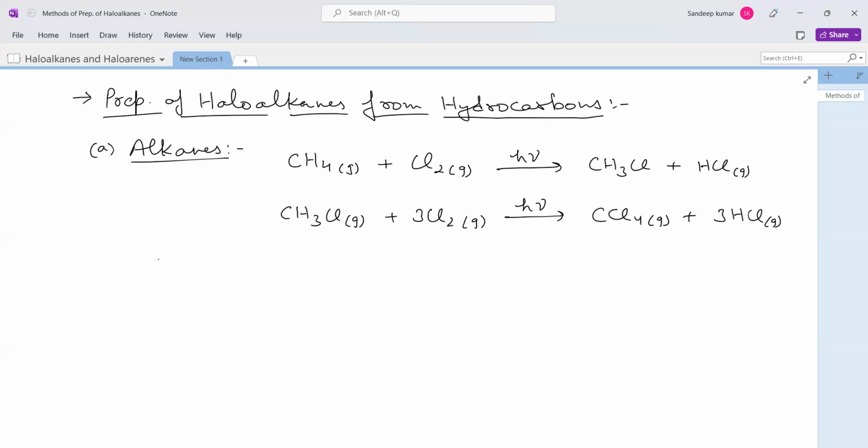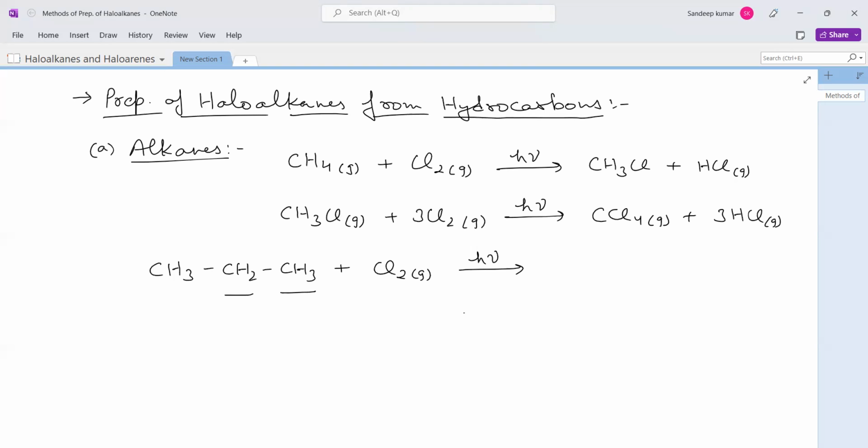Now, suppose we have a hydrocarbon having 3 carbon atoms and we are doing monochlorination to it in the gaseous state in presence of sunlight. Where is this chlorine going to attach? Whether it's going to attach on the terminal or on the central carbon atom.